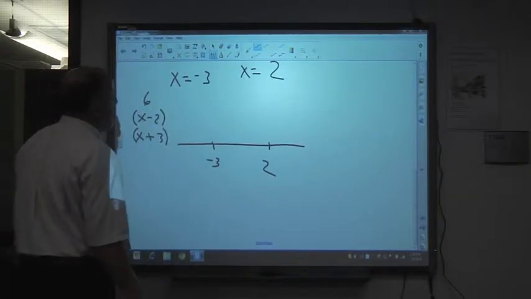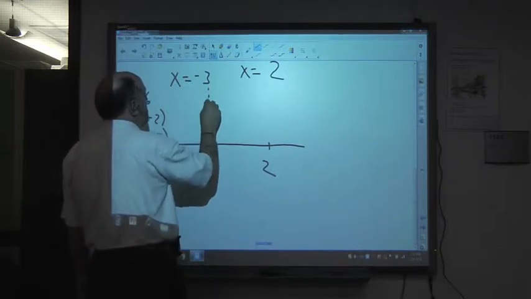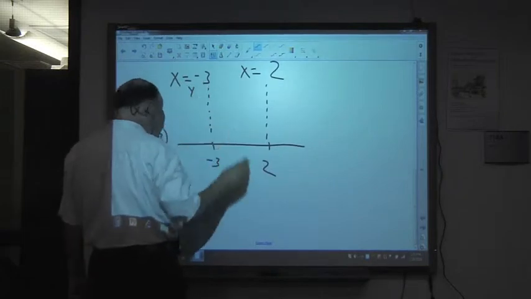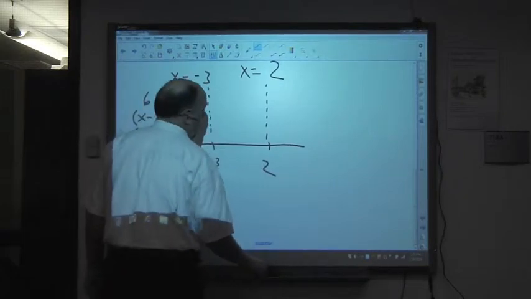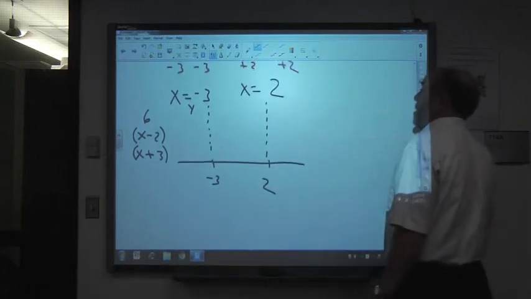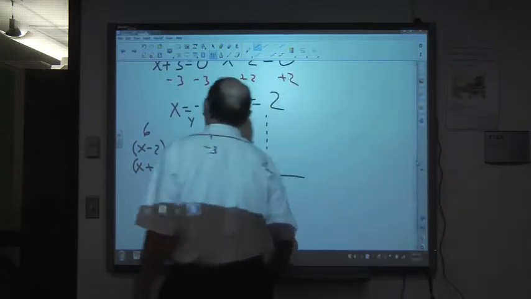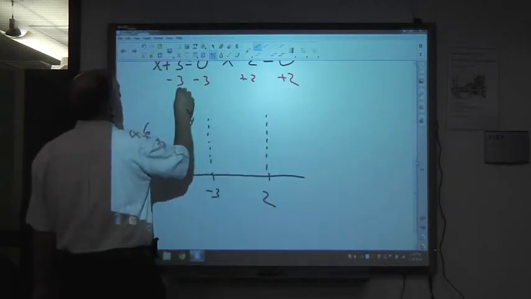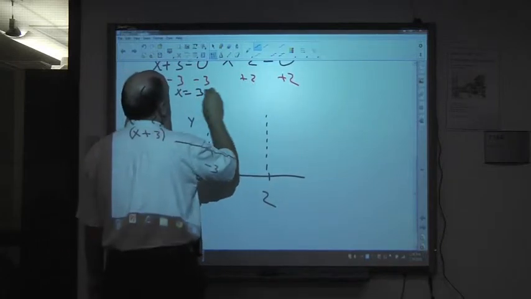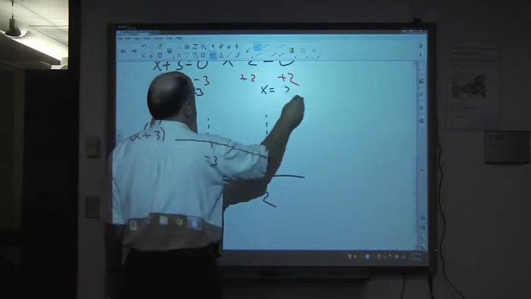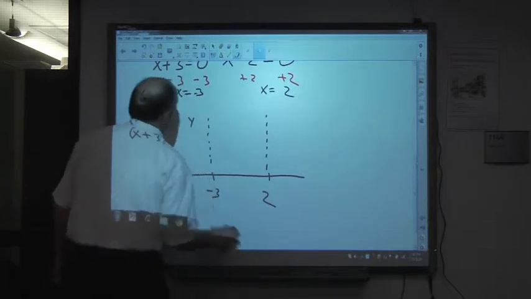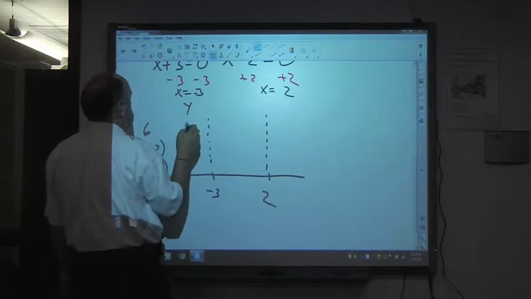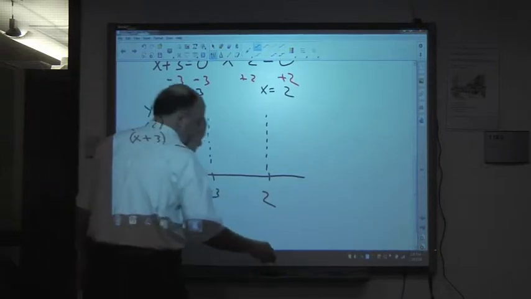And then we want to know what is the value of my derivative. So we're going to find out what is the sign of my derivative over these various intervals.